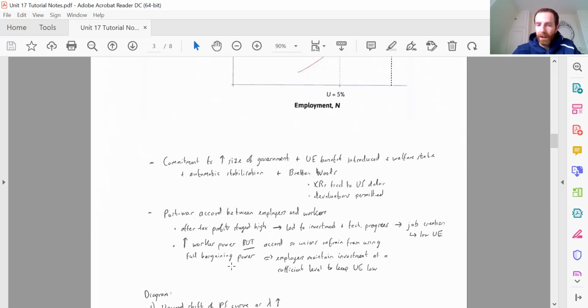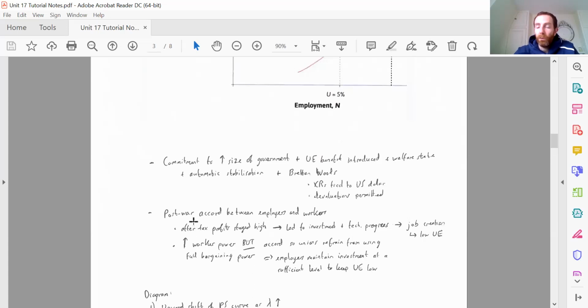They recognized that in order to keep things going, to achieve technological progress, which would increase productivity and lead to lower long-run unemployment, they would bargain for higher wages but accept that firms still needed to make enough profits so that employers could keep investing to keep unemployment low.